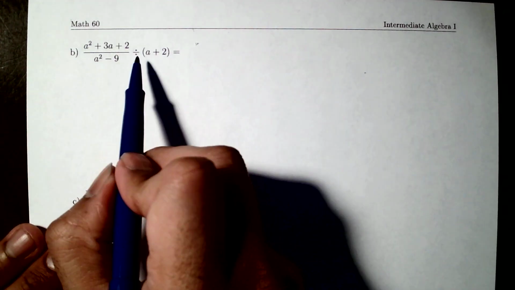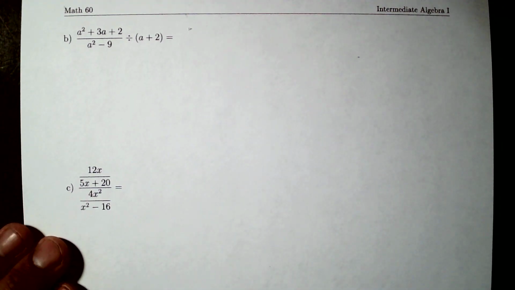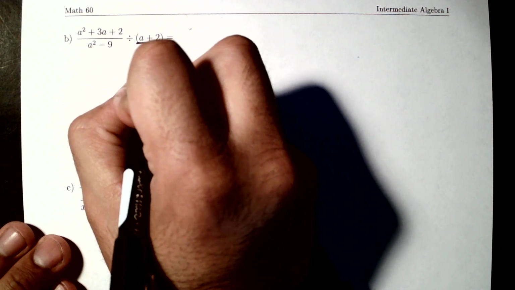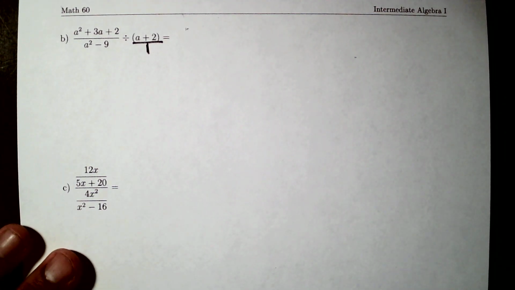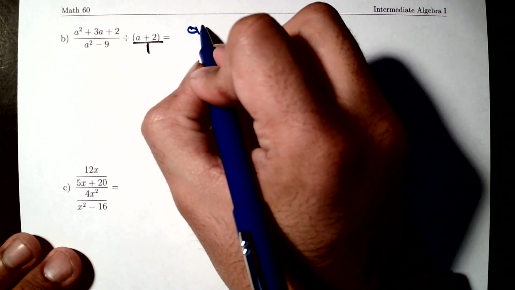In this case, notice how the divisor, it's only one factor, so you might want to think of this as being a plus 2 divided by 1. This way we can use the KFC rule. For the KFC rule, keep the first fraction.